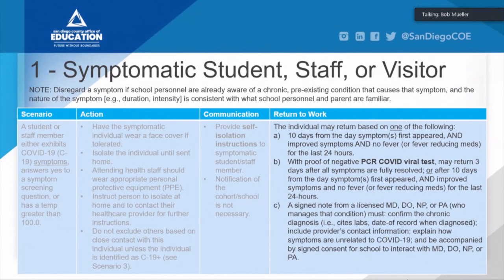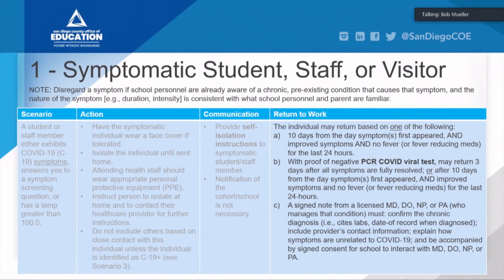Or if they were tested and a PCR COVID viral test showed that they were negative for COVID-19, they can return 3 days after all of their symptoms have fully resolved. Or if their symptoms are lingering, then they can return 10 days after their symptoms first appeared, as long as their symptoms are improving and they haven't used fever-reducing meds or had a fever in the last 24 hours before their return.